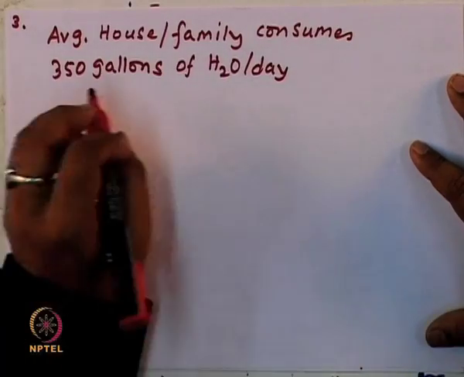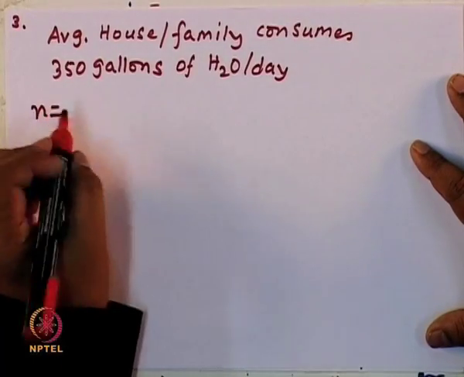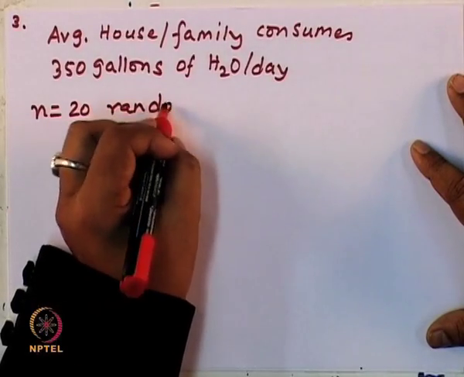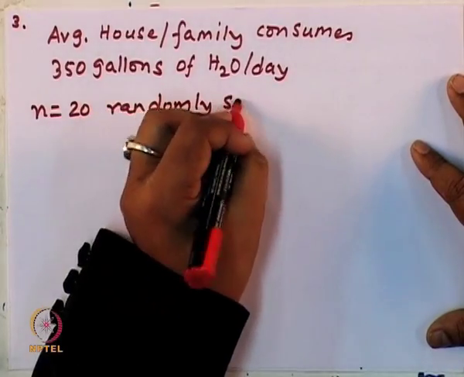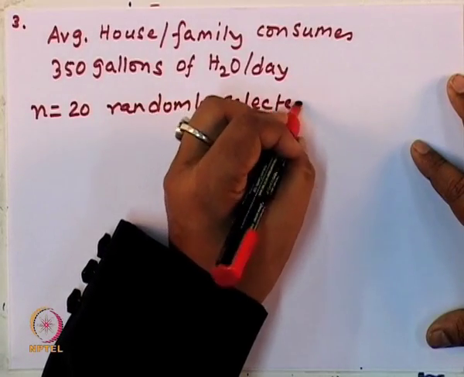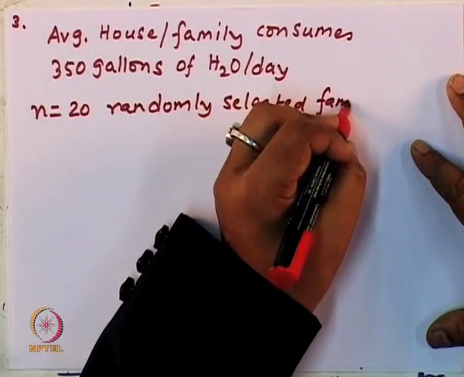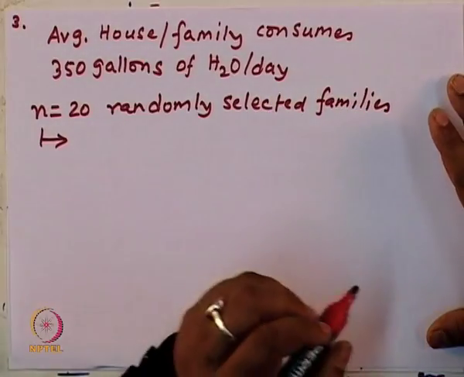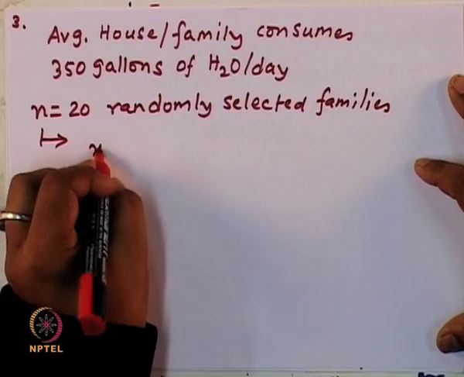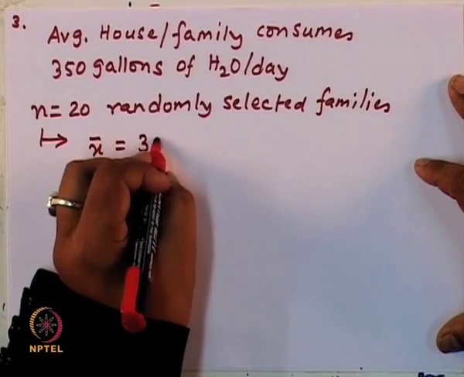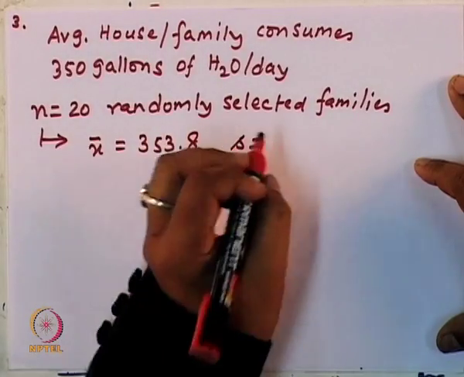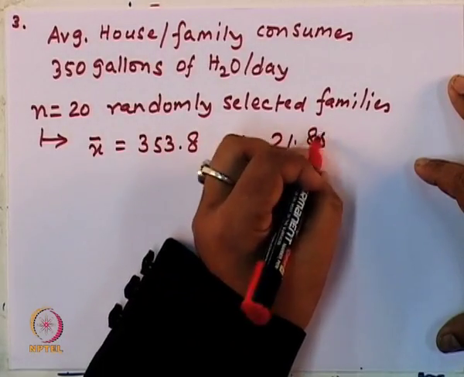So, you have taken a small sample of 20 randomly selected families. And for these 20, you have calculated a mean x bar of 353.8 and S of 21.85.